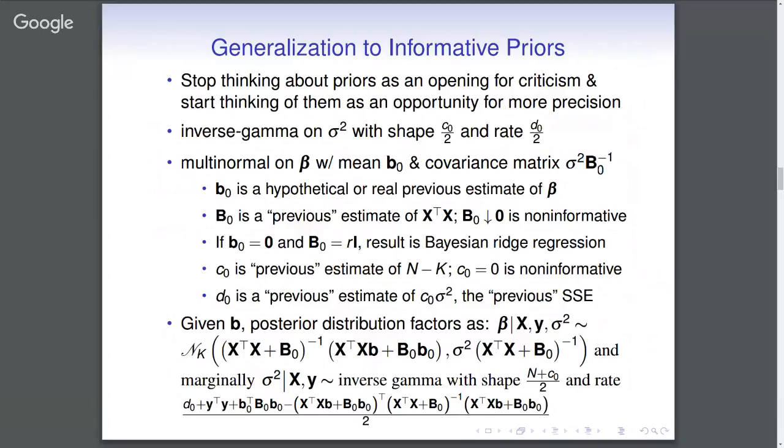So it's not the case, unless B0 is diagonal, that your prior can be described as a product of univariate normals. In general, you could have beliefs about the covariance of the K coefficients. But a lot of times, like with ridge regression, the B is diagonal, in which case it does reduce to the product of univariate normals.